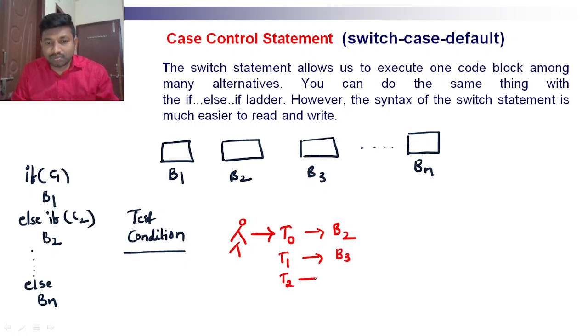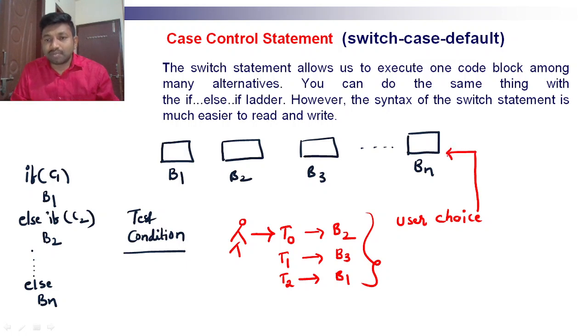Maybe at time t2 you would like to execute the B1 block. So based on the user's choice, rather than testing the condition, you select one block of statements among the available n blocks. That is the only difference in the functioning of the switch statement compared with the else if ladder.